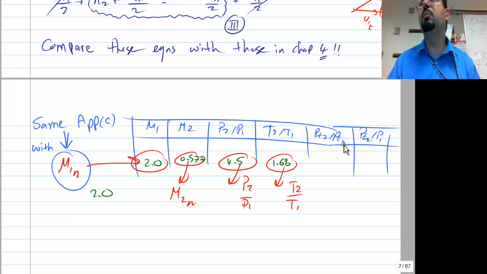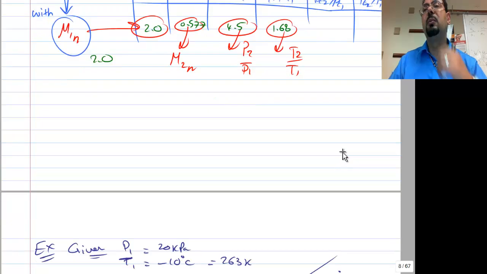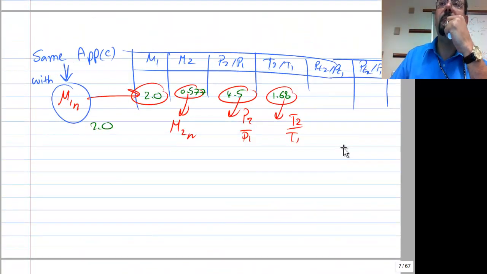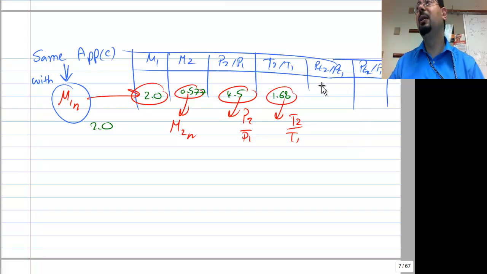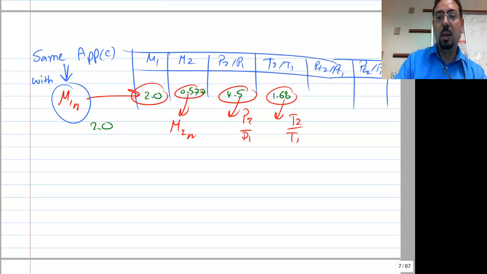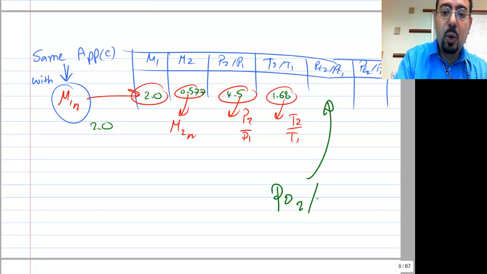But how about P total 2 and P total 1? Think about it. The tangential component throws it out. Yeah. Your stagnation property is different. Very good. So John is thinking that this probably will get screwed up, because if you remember, how did they calculate this in chapter 4? This P total, this guy, is P naught 2 over P naught 1. How did they calculate this?